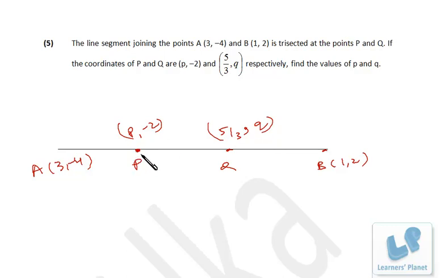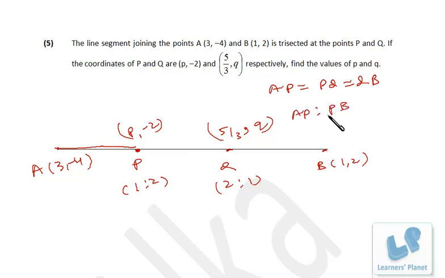Now if we take point P, it divides line AB in the ratio 1:2. And Q divides the line AB in the ratio 2:1. See, AP is equal to PQ is equal to QB. That means AP is to PB will be 1:2 and AQ is to QB will be 2:1.